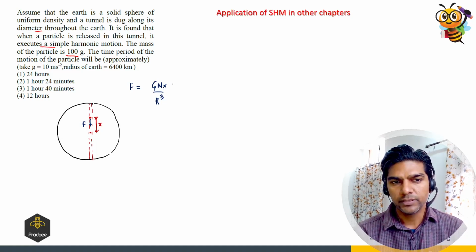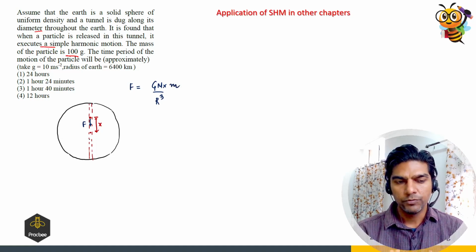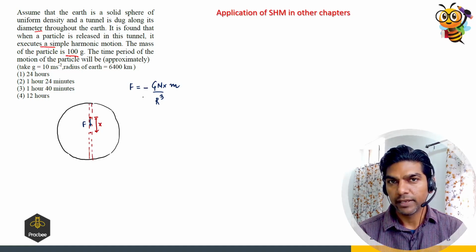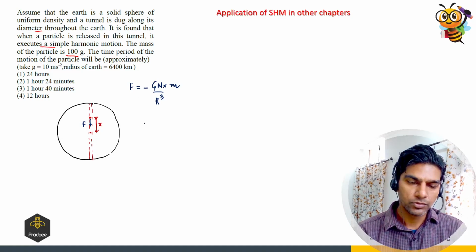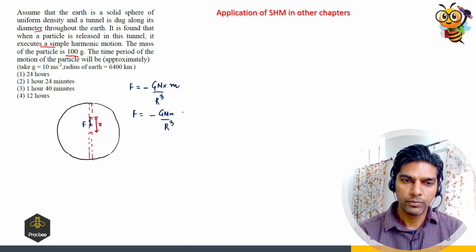And if I multiply this with the particle's mass, we will get the force experienced by the particle. If you displace the particle from the center, say in the upward direction, it will experience a force in the opposite direction. So let me put a negative sign here. So this F will be the restoring force. So we can say F is equal to minus GMm by R cubed times x.